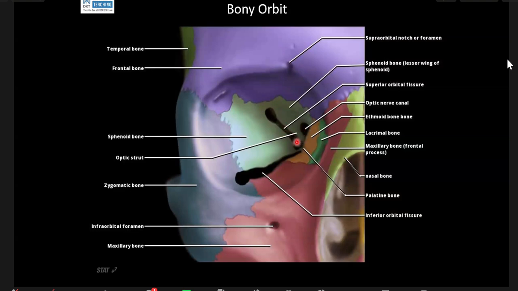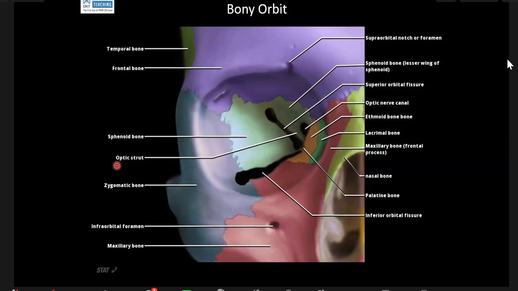Another key point to remember is that both of these will be in continuity with the intracranial cavity. So this portion, technically speaking, is the lesser wing of sphenoid. So the optic foramen actually is in the lesser wing of sphenoid.